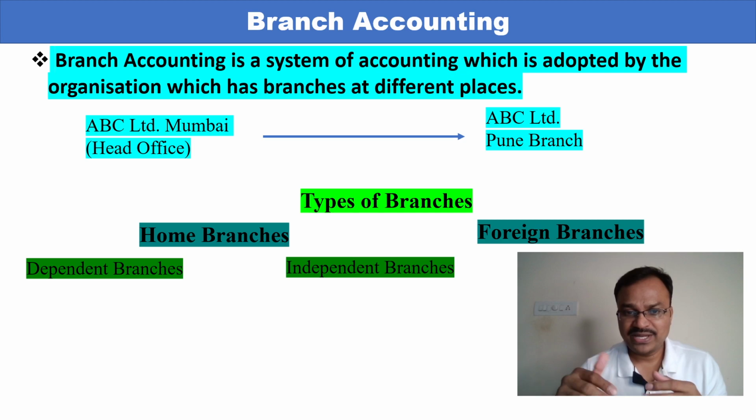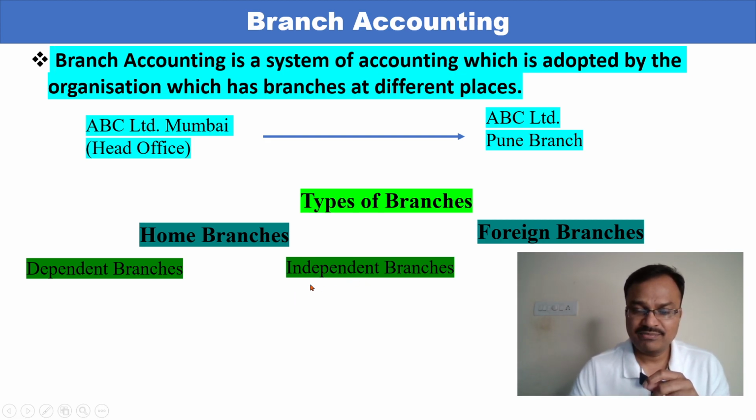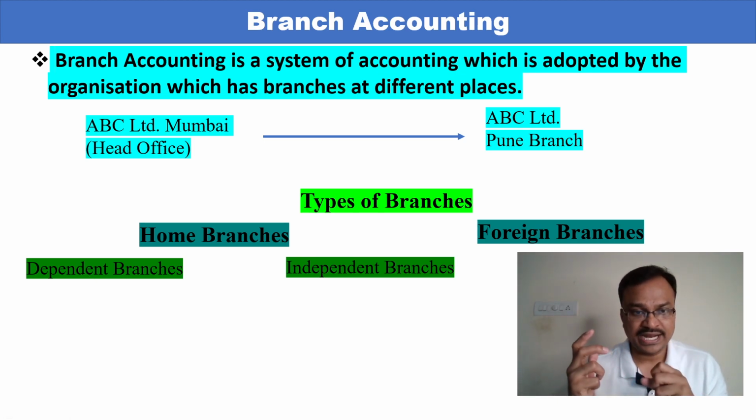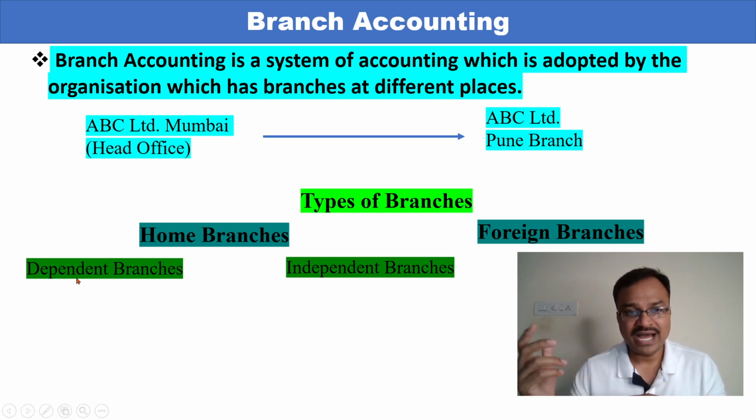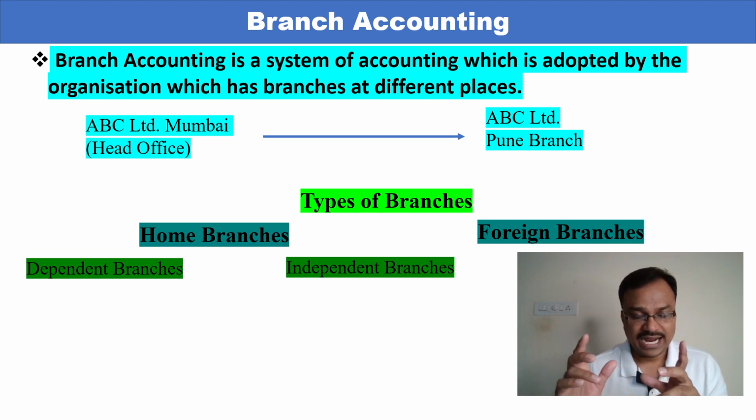They prepare their books of account, they prepare a trial balance at the end of the year and ascertain the profit or loss of the branch, right? So independent branches maintain their own books of account, but dependent branches, as they are dependent on the head office for goods and for expenses, do not maintain their books of account separately. Books of account of dependent branches are maintained by the head office, right? And for that purpose, there are various methods.